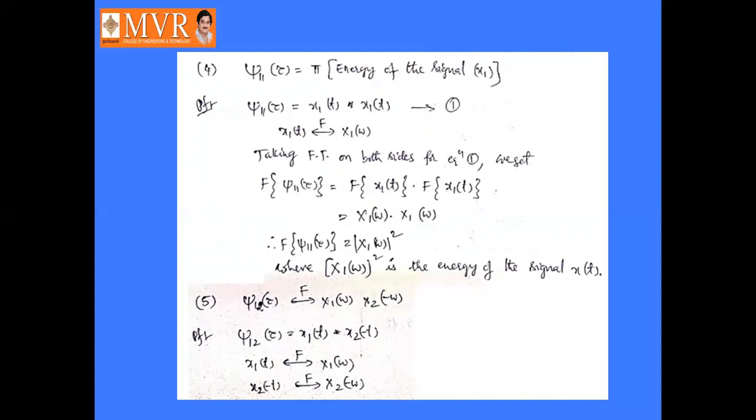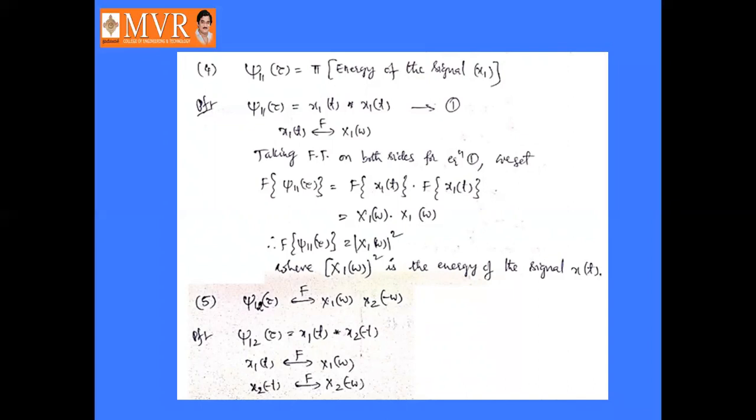So convolution in the time domain will become simple multiplication in the frequency domain, that is X1 of omega into X1 of omega, which is nothing but mod X1 of omega square, the energy spectral density of the signal x1 of t. Okay. Next one is phi12 of tau is equal to phi21 of minus tau.